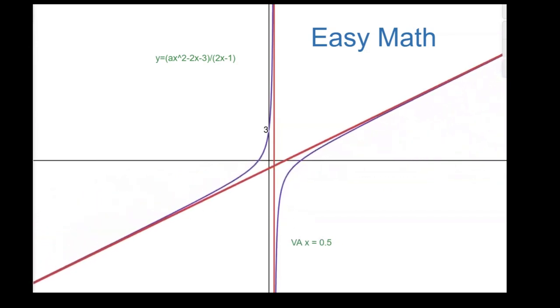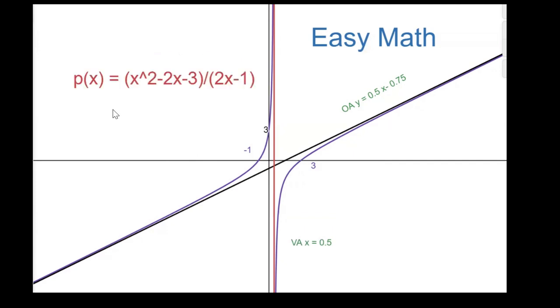Right, here a equals 1. Then it is y equals 0.5x minus 0.75. This is the OA, oblique asymptote. And the curve cannot touch the OA, and cannot touch the VA either, right? Negative 1 here. And negative 1 and 3 are the x-intercepts. The y-intercept is 3. Then the function becomes P(x) is 1 over Q(x).